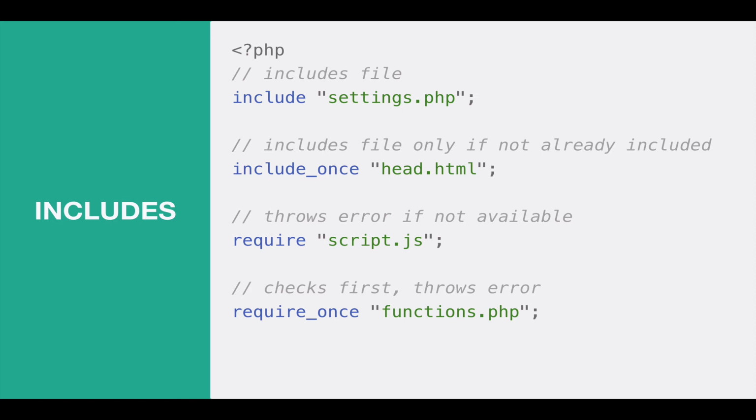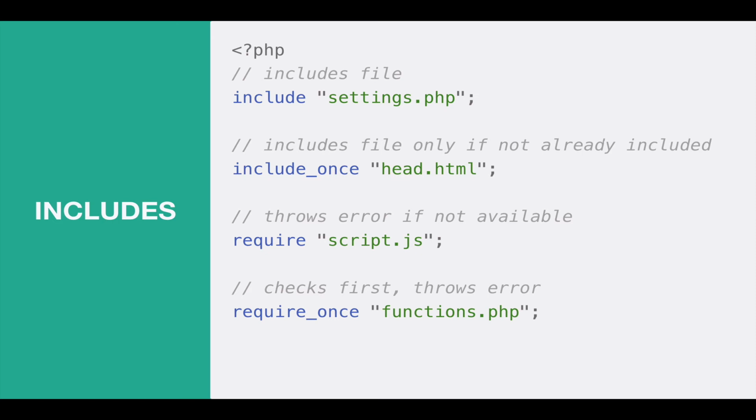With require, PHP will include the file, but if the file doesn't exist, PHP will automatically throw an error and halt, because it assumes that this file is vital and it won't continue. You can include the file multiple times with require. Then we have require_once. Just like include_once, it will check to see if the file has been included already.